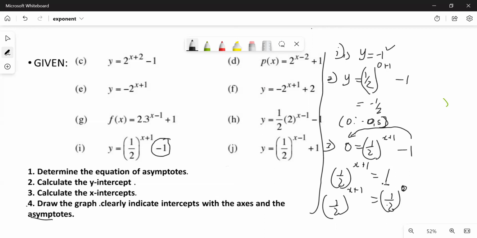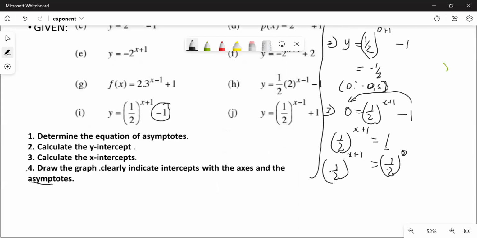If the bases are equal, then you can drop the exponents. Then we have x plus 1, which is going to be equal to 0. Therefore, x is going to be equal to minus 1. And then you say you have minus 1, which goes with 0.